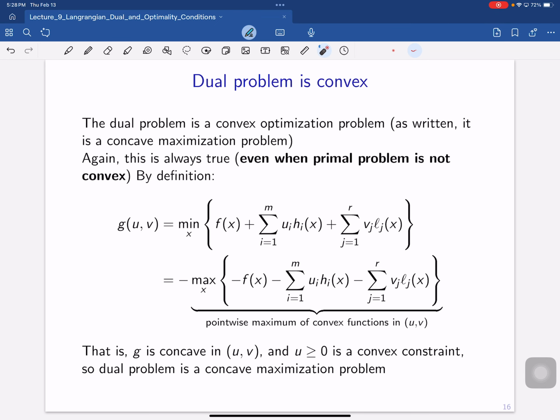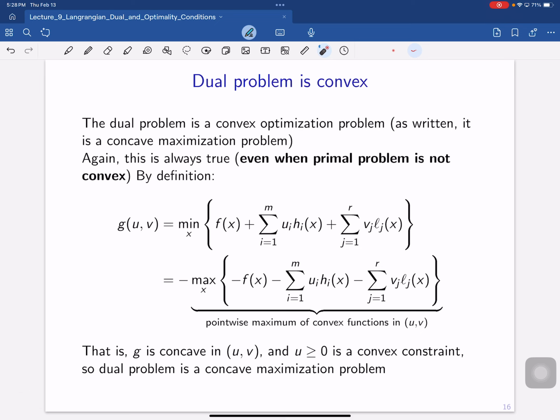It can be shown very easily that this function g of u, v is a convex function, because if you look at this particular minimization problem, of course it is equivalent to if you take a minus here and then multiply a minus inside.